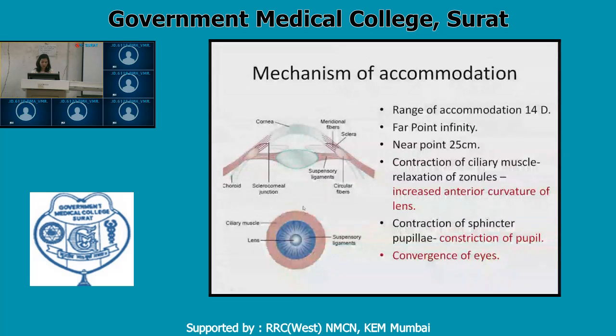The arrangement is such that when the outer ciliary muscle contracts, the suspensory ligaments loosen up, and that increases the anterior curvature of the lens, which was initially stretched by the suspensory ligaments. With contraction of the ciliary muscles, this becomes loosened, and the anterior curvature of the lens increases, increasing the dioptric power of the eye.